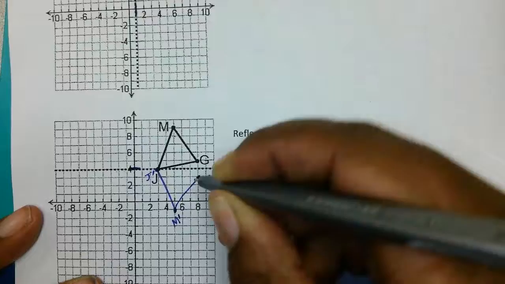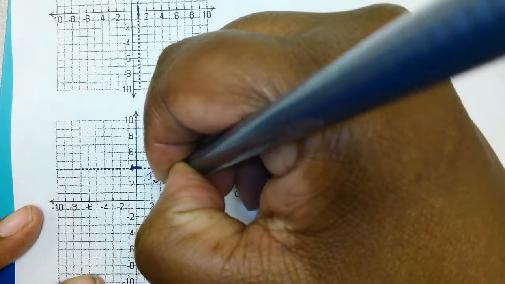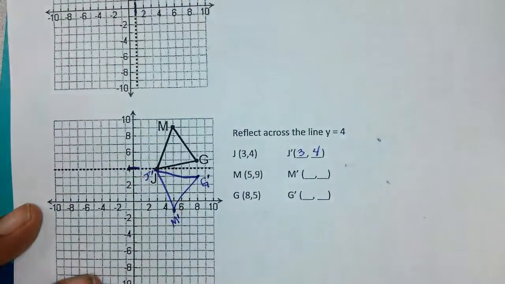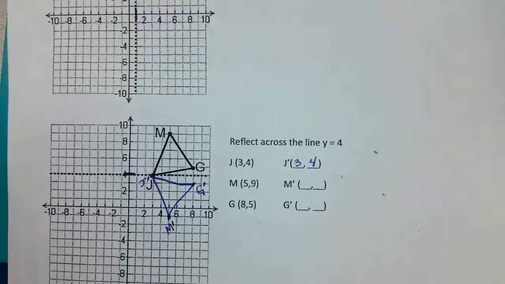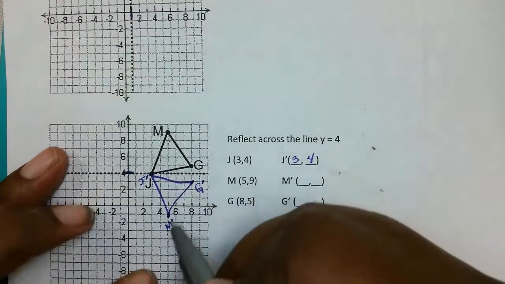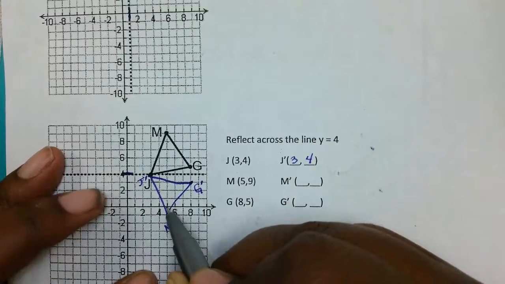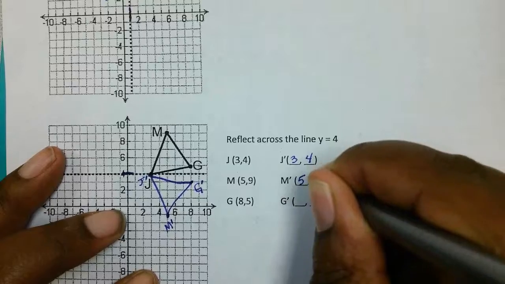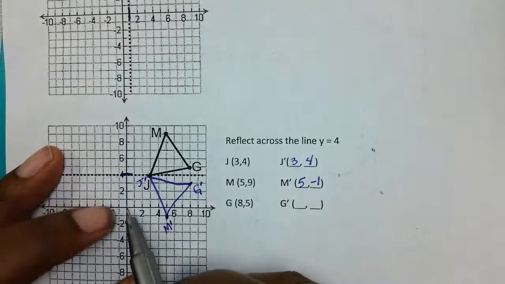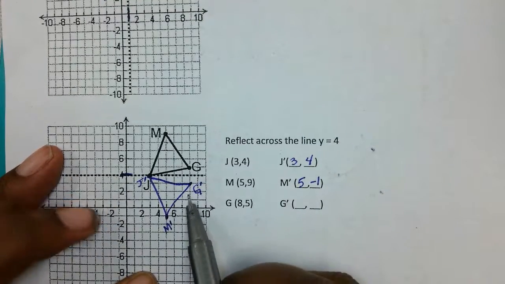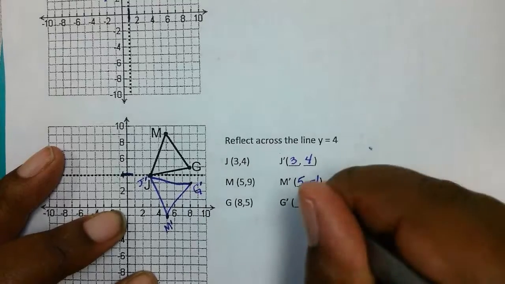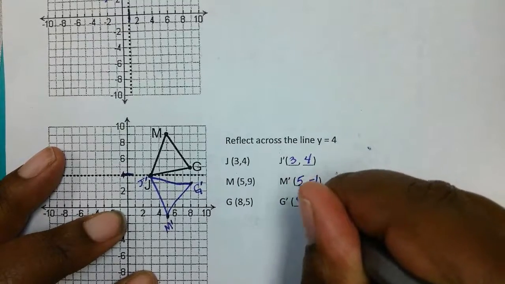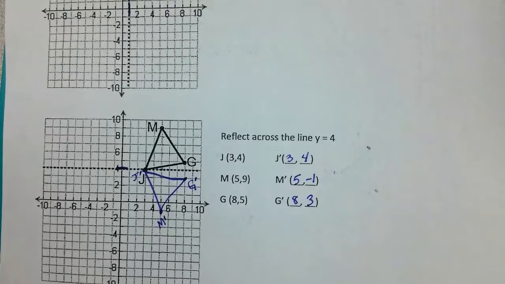I see how far away my image is from that line, and I just go the opposite direction. If I were to fold across that line, that's how it should fit. M is right here at 5, -1. And then G is at 8, 3. And those are my new points.